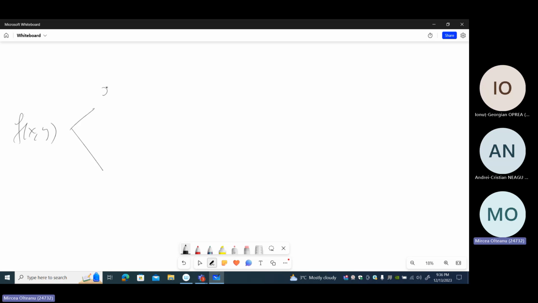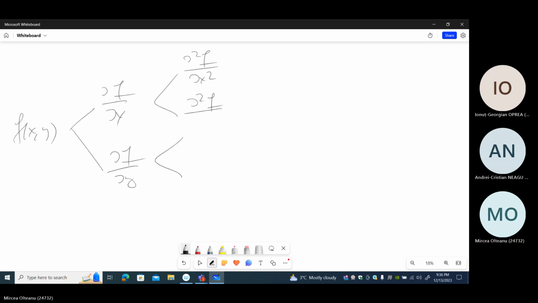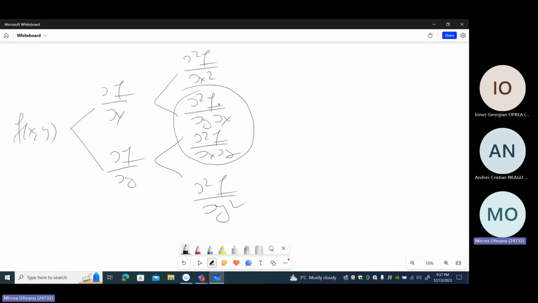So it has 2 first order partial derivatives, 4 actually second order, yes, and they all appear in the Taylor polynomial up to the 2nd degree, but this is 2 times because they are equal.